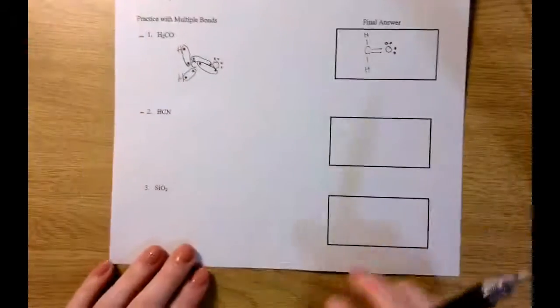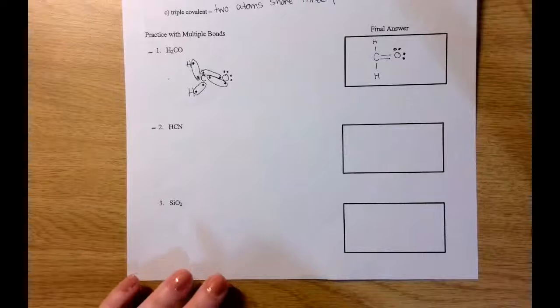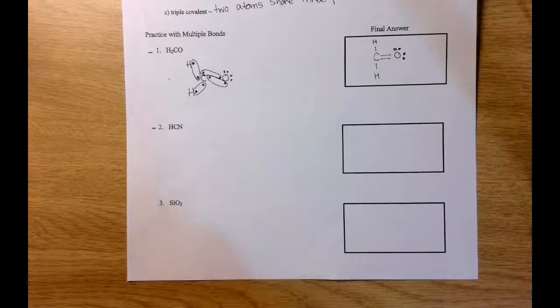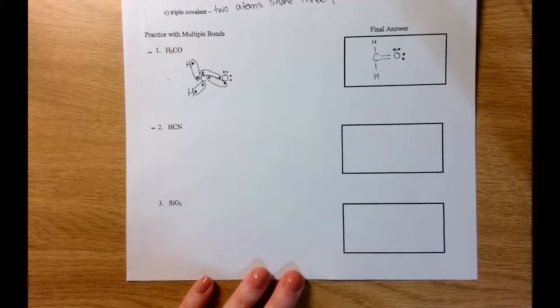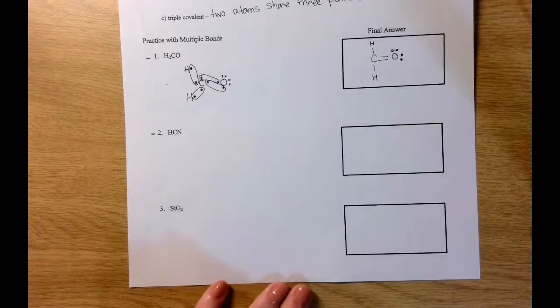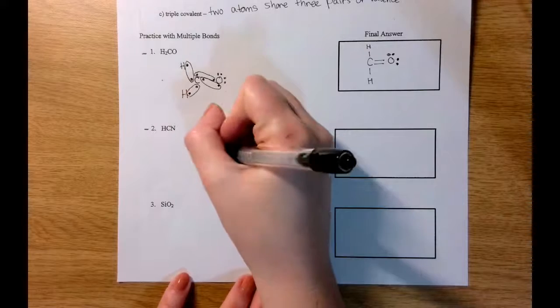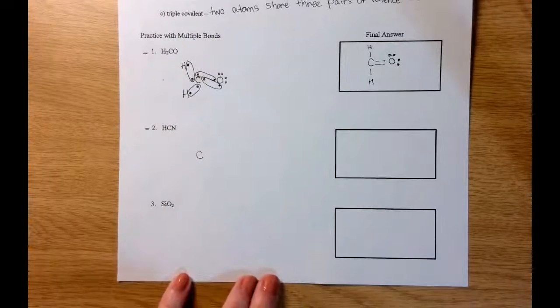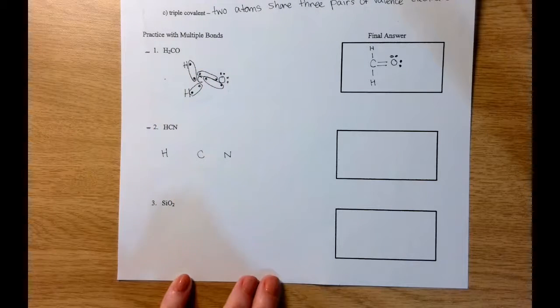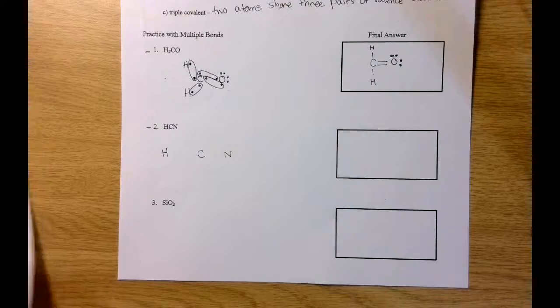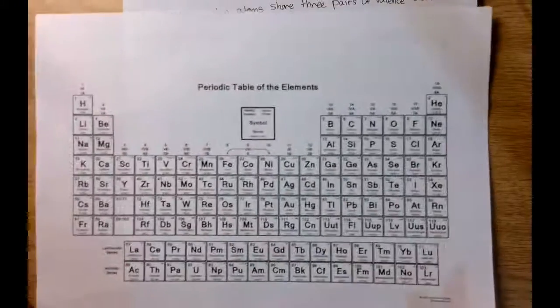Okay, moving on to our second example, we have HCN. Like we know, when we have a carbon atom, it is typically going to be our central atom. So we'll go ahead and draw carbon here, and we'll draw a nitrogen and a hydrogen atom on either side of the carbon. Next step is to figure out how many valence electrons are on each atom.